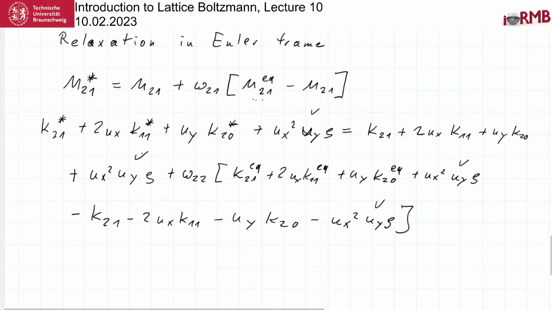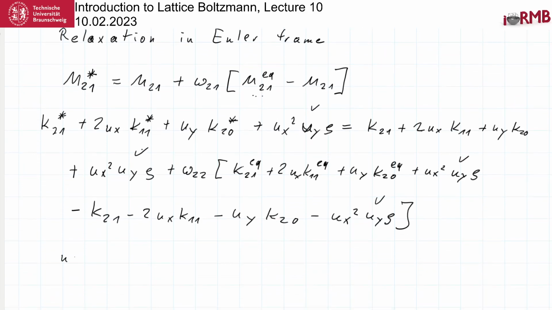For them, we have to use the collision operators for the other moments, for example, k20, where we have identified that this is frame invariant. Yeah, so we can say, even though we are relaxing in the Eulerian frame, we can relax the second moment in the Lagrangian frame and have the same results.